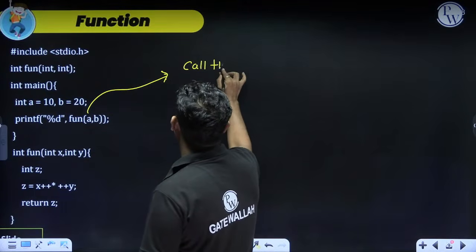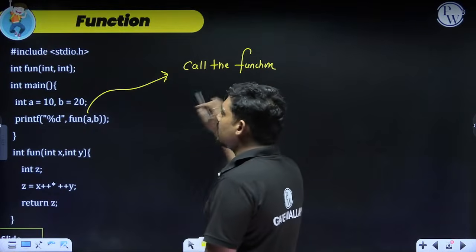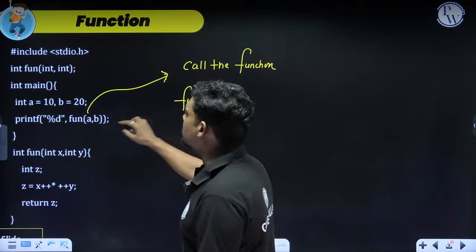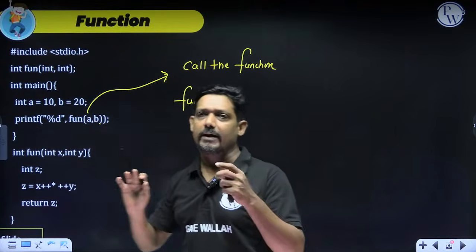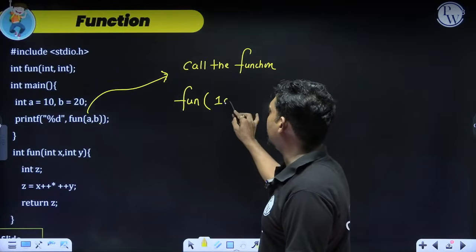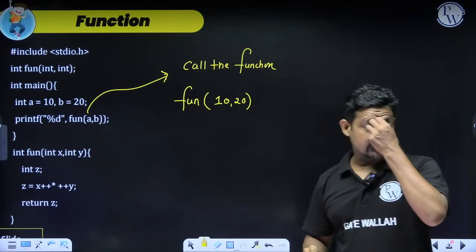Now, how to call the function? Look here. It is written the function name, and it is passed two integer values that have already been declared. I hope you know that declaration part. So 10 and 20.